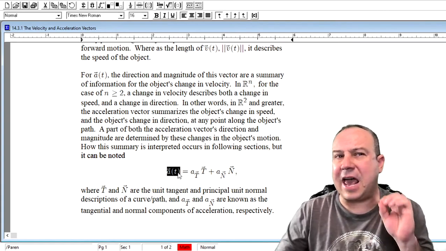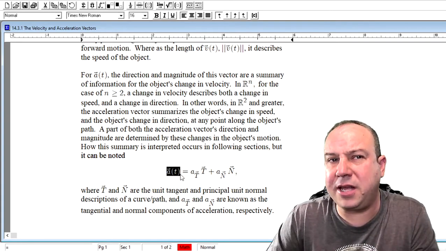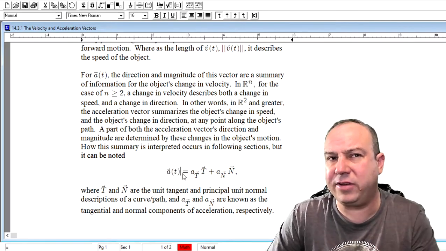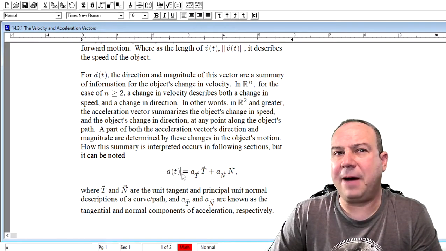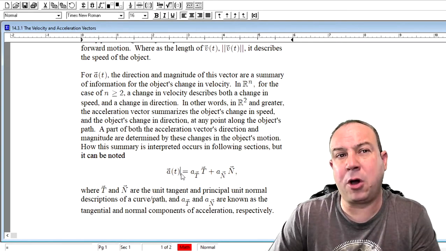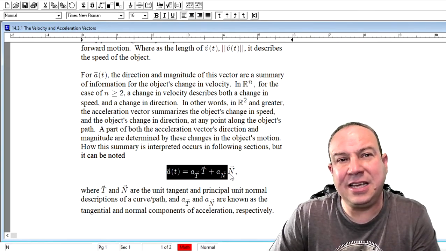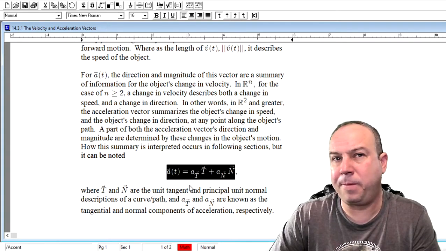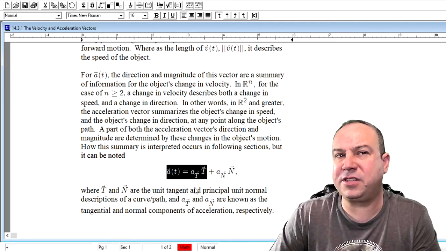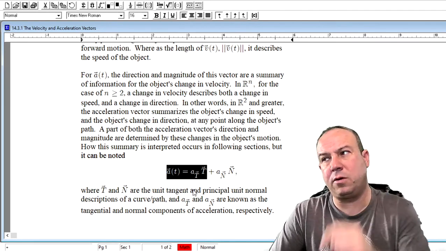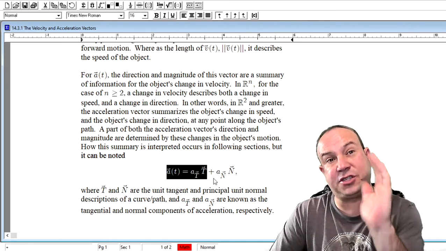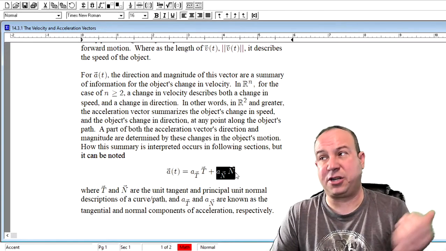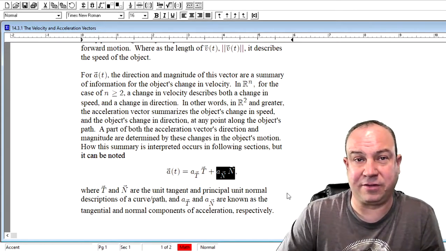That acceleration vector we calculate by taking the first derivative of the velocity, or by taking the second derivative of the position function in motion in n-dimensional space, is actually giving us this information here. Some of its description tells us how much our velocity is changing by moving forward, and by how much our velocity is changing by turning, respectively.